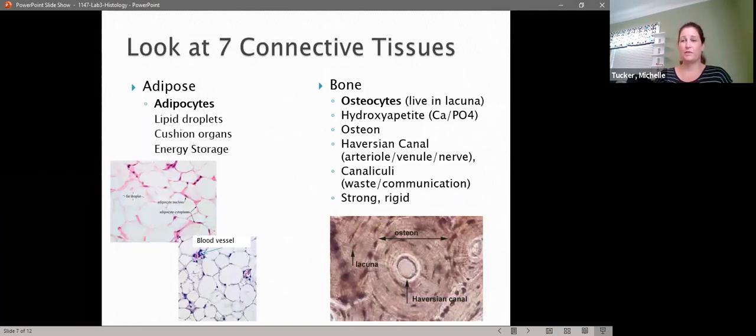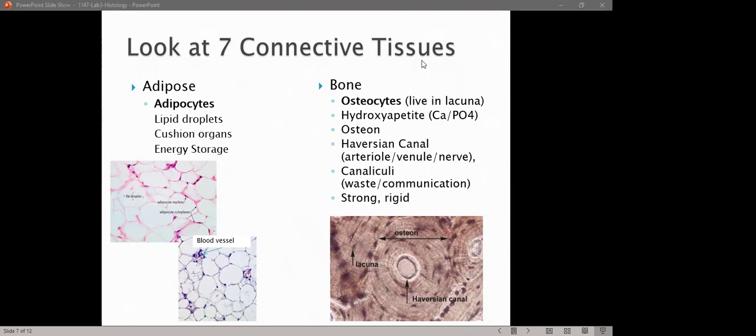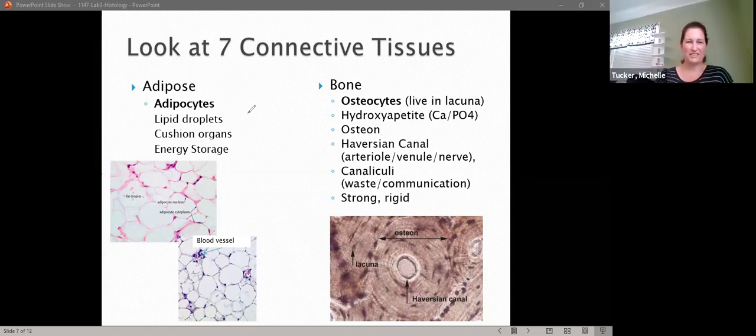So we've gone from two very pervasive connective tissues that can be used in multiple ways, in multiple locations, to highly specialized connective tissues. Adipose tissue and bone tissue are both very highly specialized.